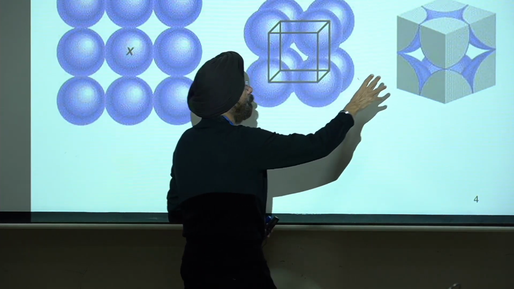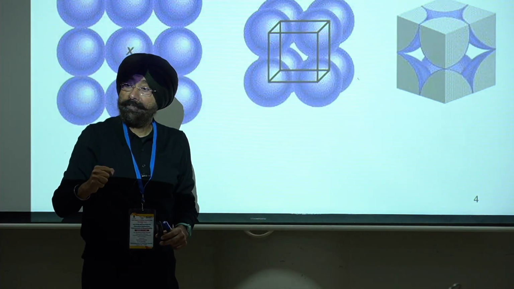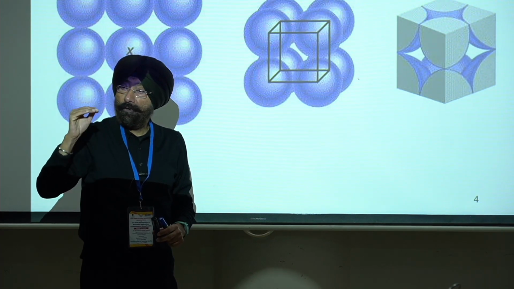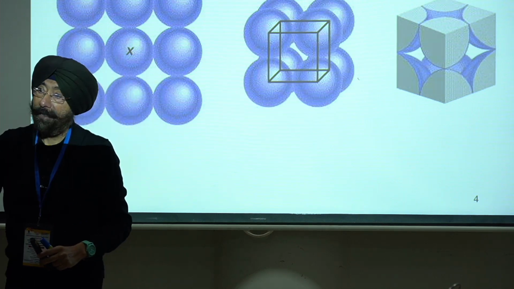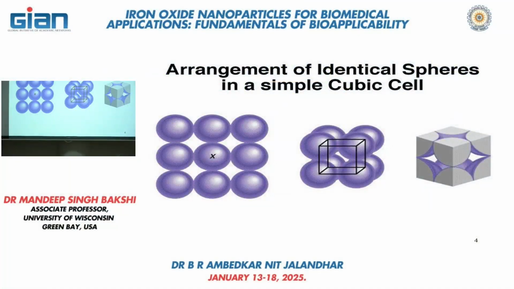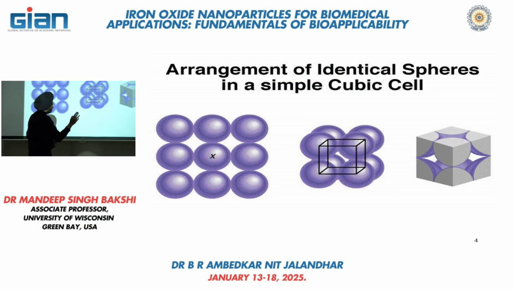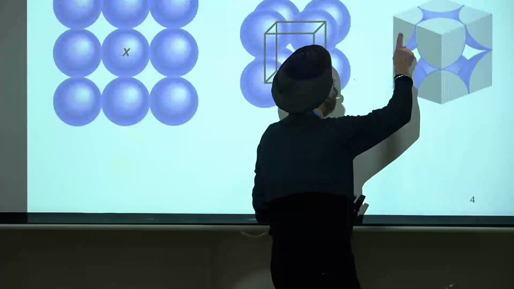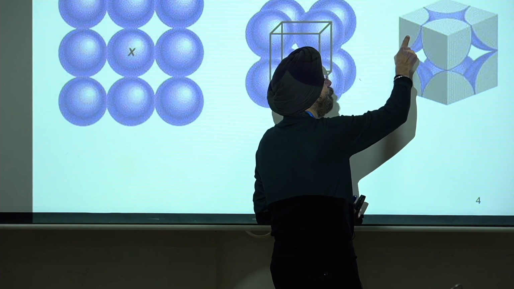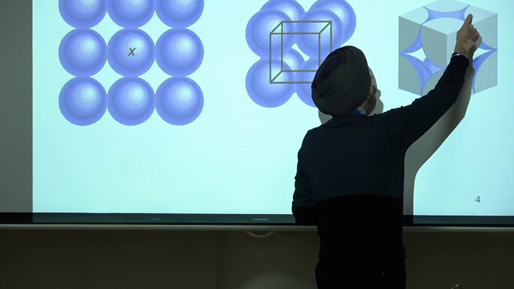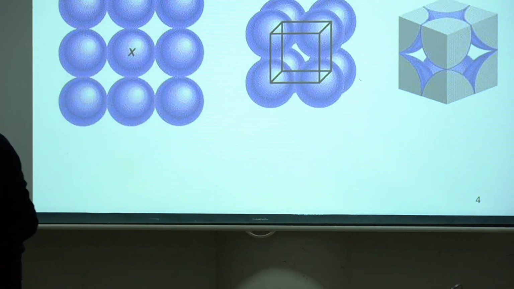When I take out the cubic frame, which is razor sharp, it slices each atom and takes away some part of each atom. So you would see there are 8 parts of 8 atoms. You see this much part is included in the cube. Likewise this part, this part, this part, and the same is the story for the lower 4 atoms.